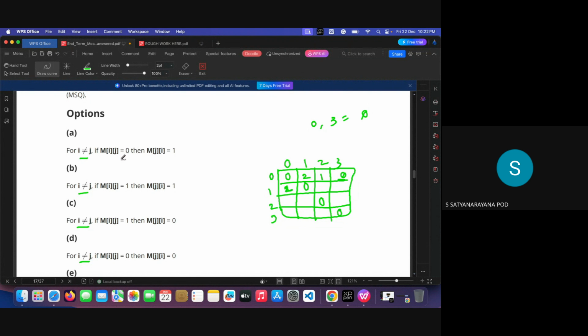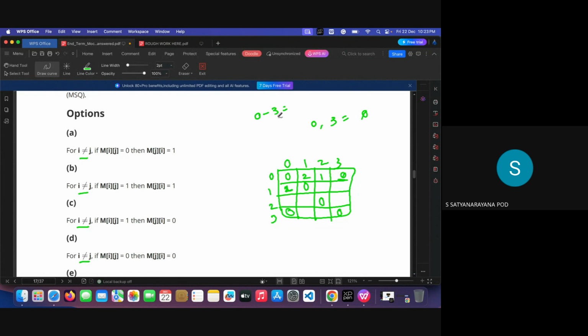So whenever 0 to 3 is 0, 3 to 0 is also 0. Am I right or wrong? Because for 0 to 3, the absolute difference of the 0th bill minus the third bill is not less than 100, so you make the edge 0.